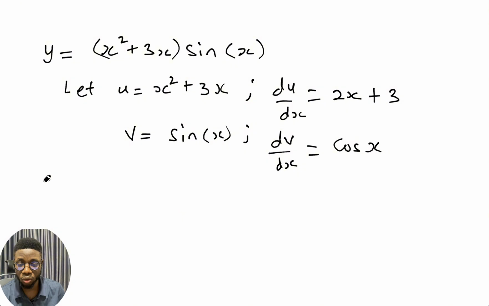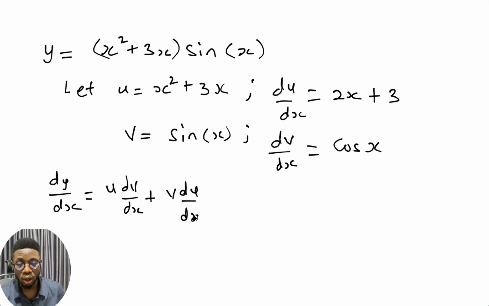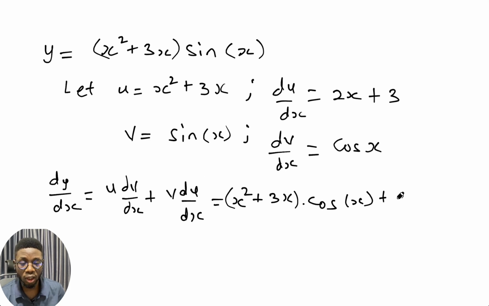So let's apply the product rule now. This implies that dy dx is going to be u multiplied by dv dx plus v multiplied by du dx. What is u? u is x squared plus 3x, and that is going to be multiplying dv dx, which is cos x. So we have cosine of x plus we have v. What is v? v itself is sine of x, and this is going to be multiplied with, what is du dx? du dx is 2x plus 3.